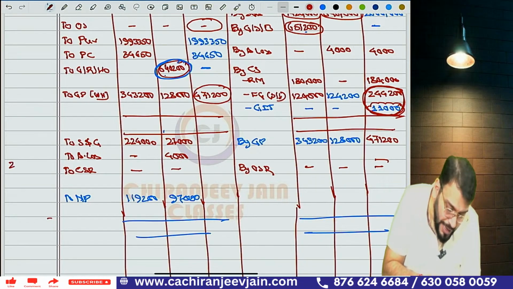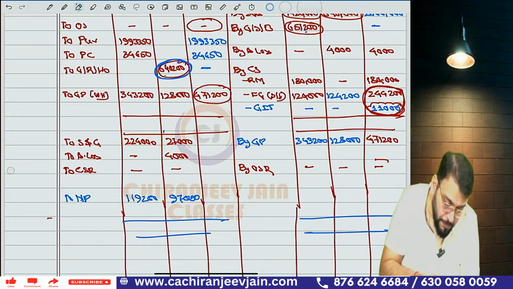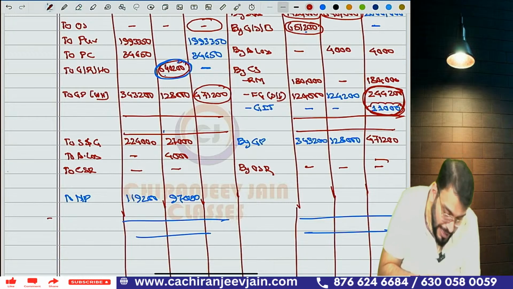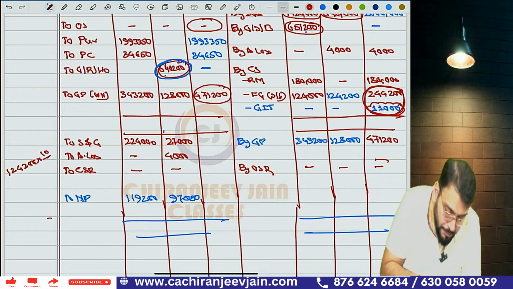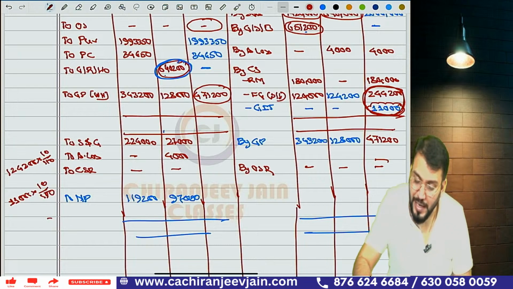What is the closing stock of branch? 1,24,200 into 10 by 110 and 11,000 into 10 by 110. We need to eliminate. So 1,24,200 into 10 divided by 110.